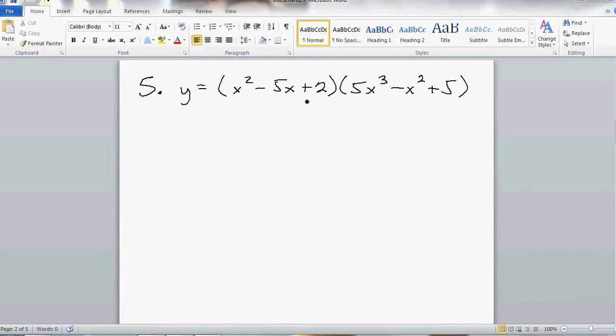Y equals this polynomial times this polynomial, and realize what we could do is actually multiply this all out. X squared times this, times this, times this, negative 5x times this, times this, times this, 2 times this, times this, times this, combine like terms, and then take the derivative of it. That's one way to do it.